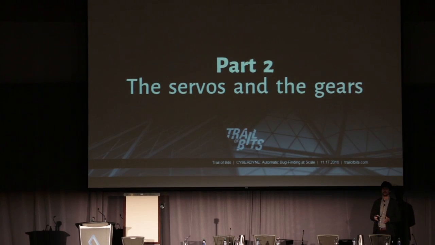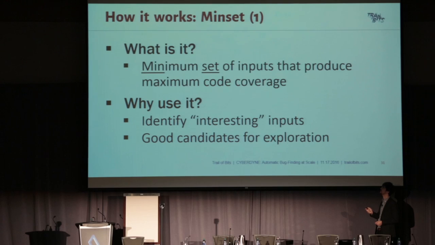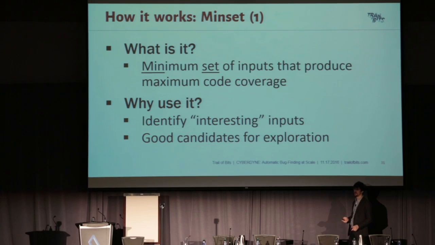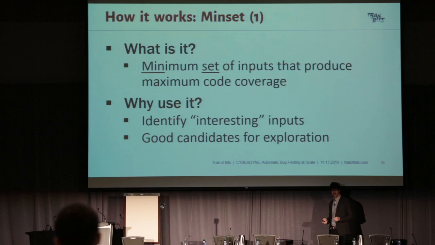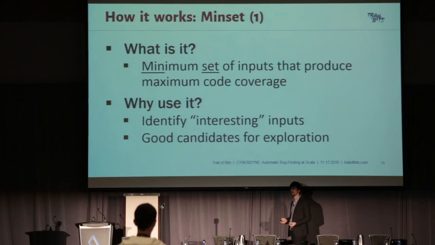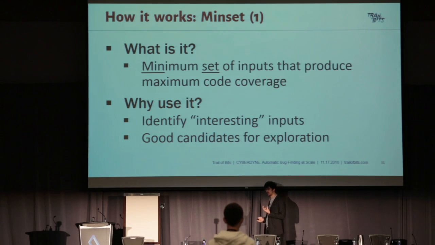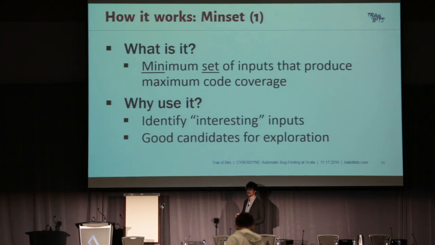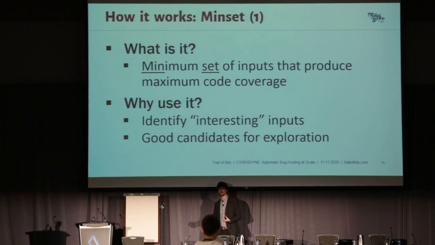So let's go down to a bit lower level into our system to start by looking at the Minset and how it's enabling collaboration. The Minset stands for the minimum set of inputs that produce the maximum amount of code coverage. And we want to minimize the set of inputs because the fewer inputs you have to fuzz, to seed, to analyze, the more resources you can bring to bear per input.